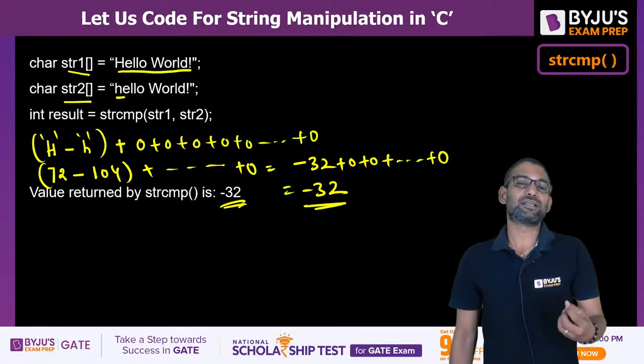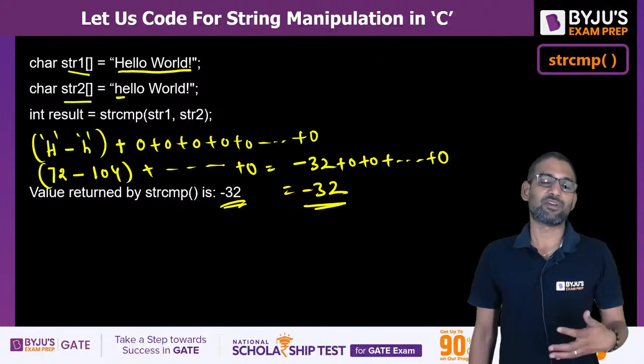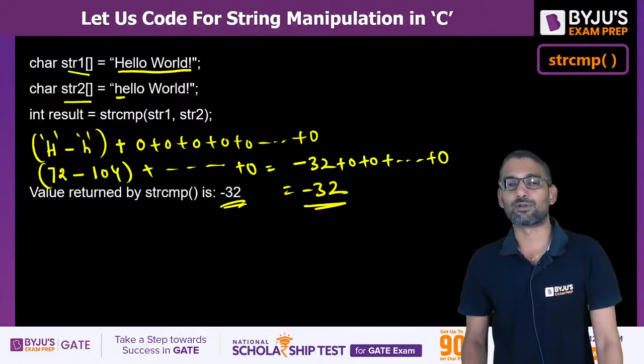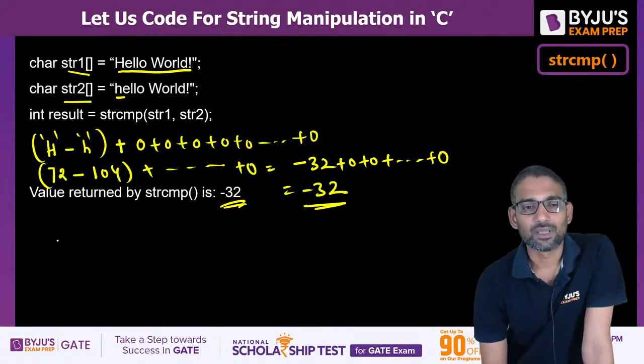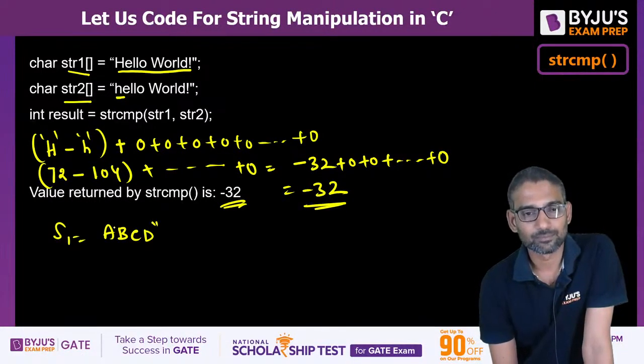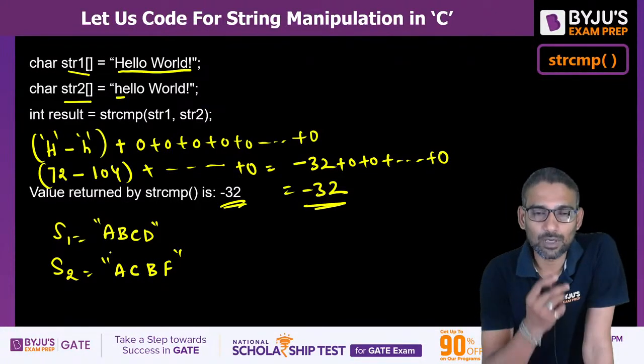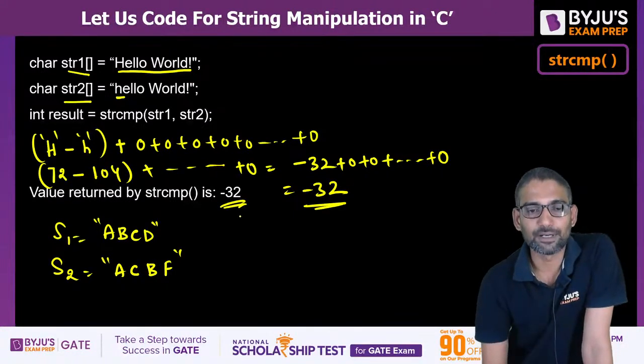So for simple understanding, I have taken only one character difference. In the same way, you can take other characters also, like suppose S1 is A, B, C, D and S2 is A, C, B, F. So what would be the difference?